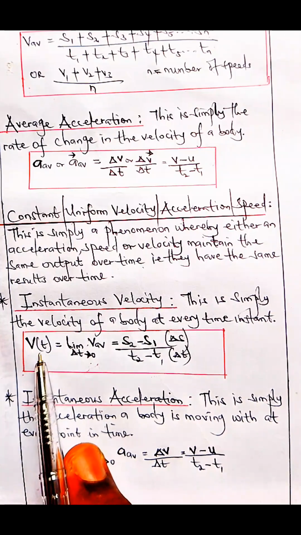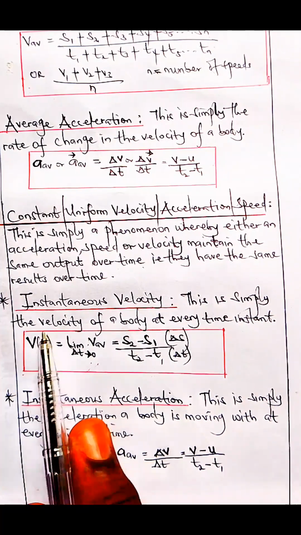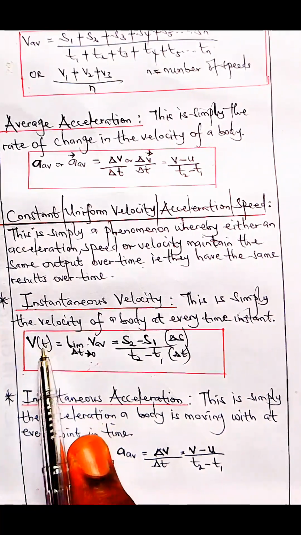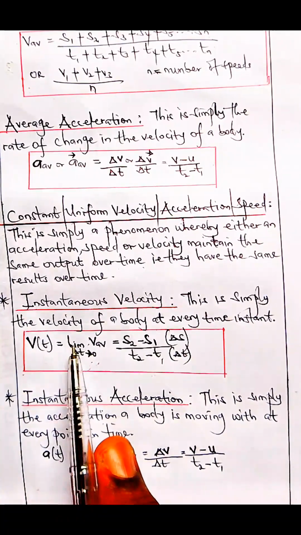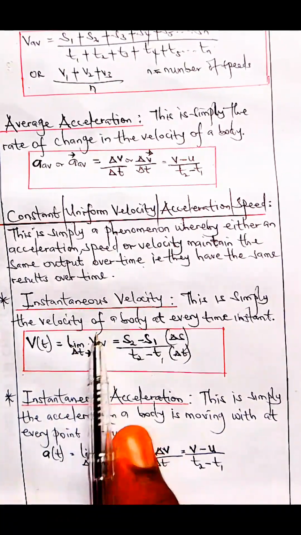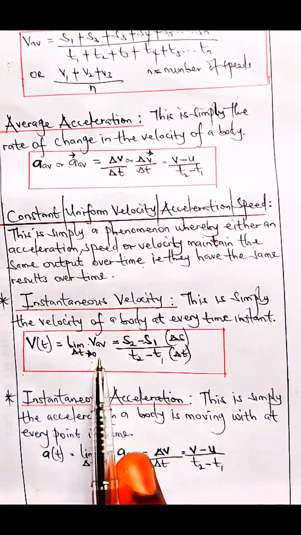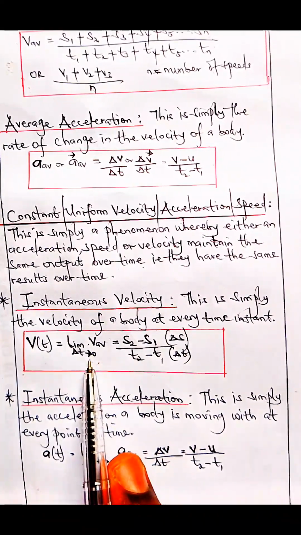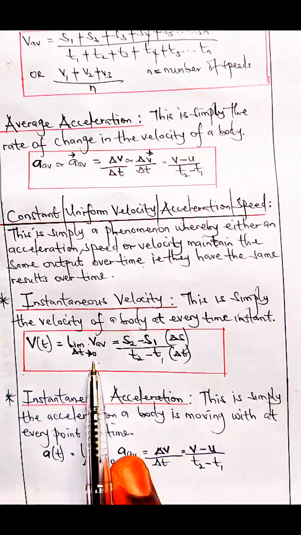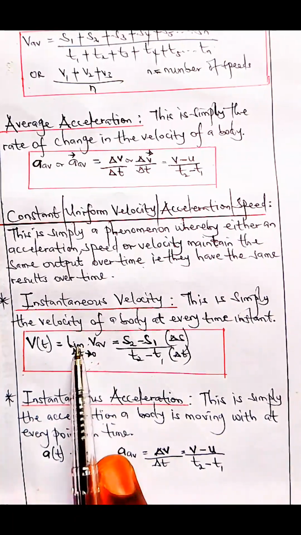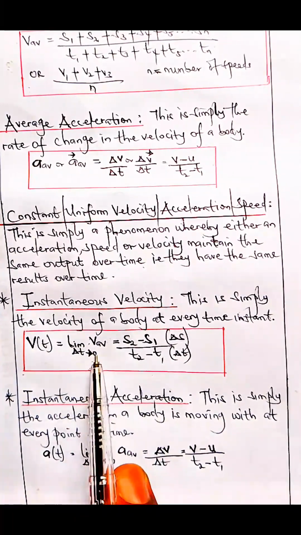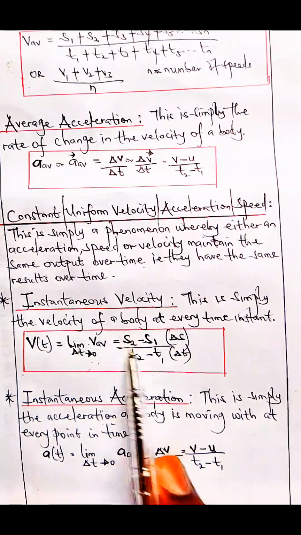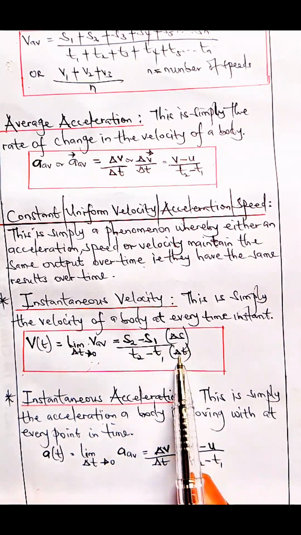So instantaneous velocity, which is velocity per time, as you can see, velocity at every point in time, is the limitation. That is when we limit average velocity as change in time approaches zero. We're going to be discussing this. This has to do with calculus. So this is us limiting average velocity as time approaches zero, which is equal to change in displacement over change in time.